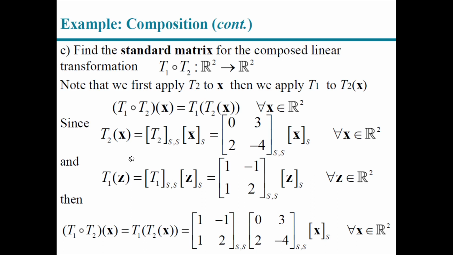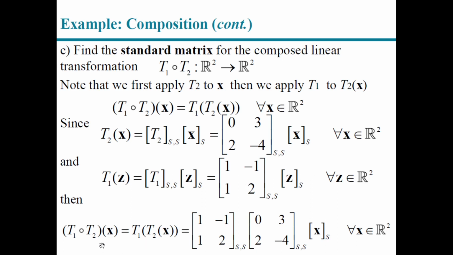And again, how do I do this? Well, I have a standard matrix representing T2, and I multiply by the standard coordinates of x from R2, and for T1 and z it is the same thing. So here z will be T2x, we'll bring it here, so that's what you get. You get this matrix here, and then the matrix from T2x, you'll get this guy and x.